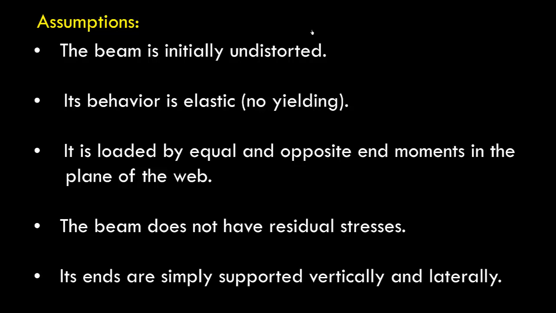And finally, we are assuming that its ends are simply supported vertically as well as laterally. So there are two kinds of restraint, that is simply supported in the vertical direction as well as in the lateral direction. So using these assumptions, we can derive the theory for lateral torsional buckling, and we can also find an expression for the critical moment.